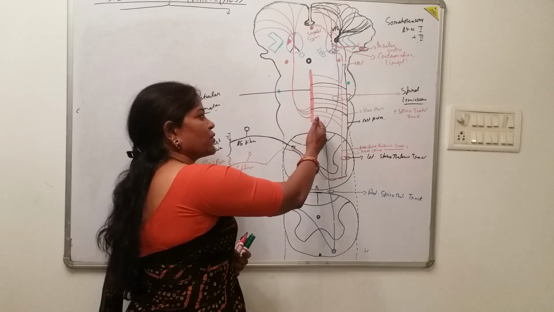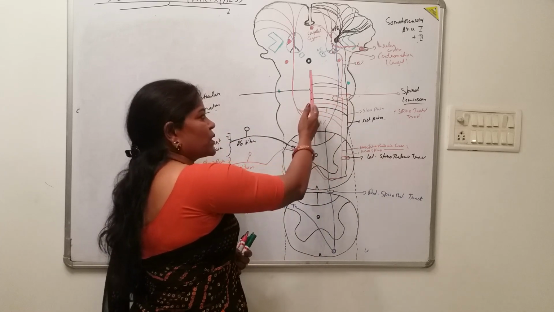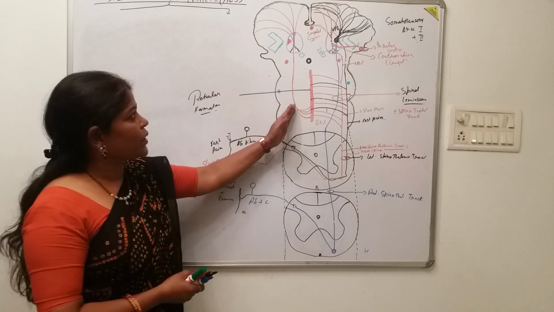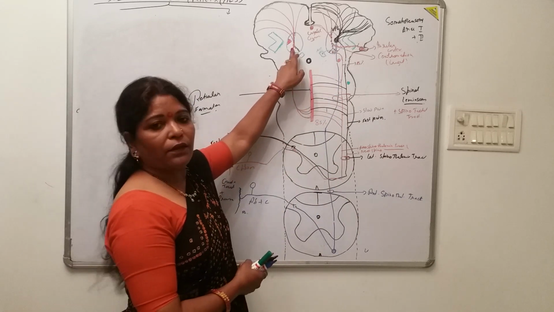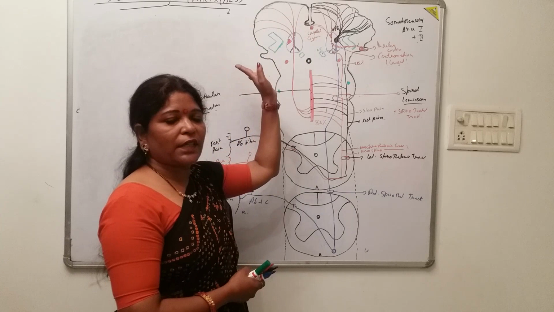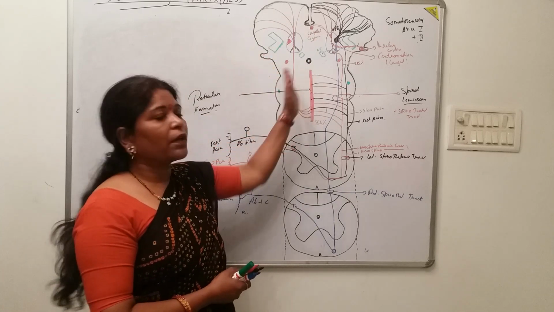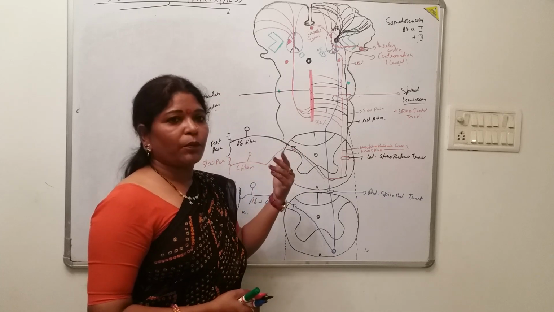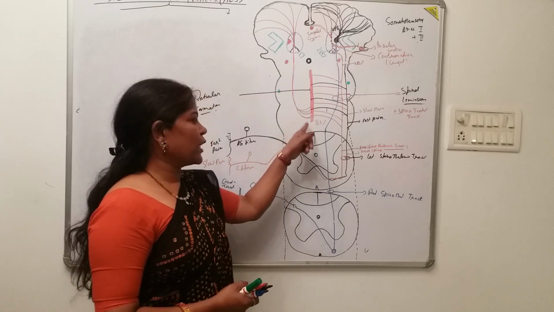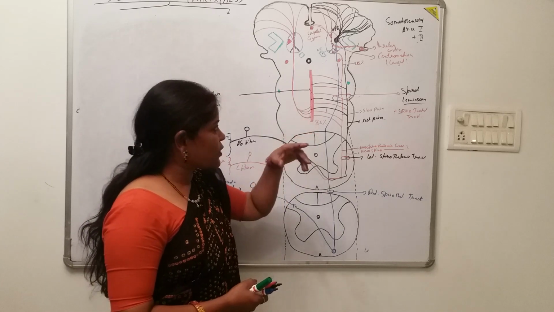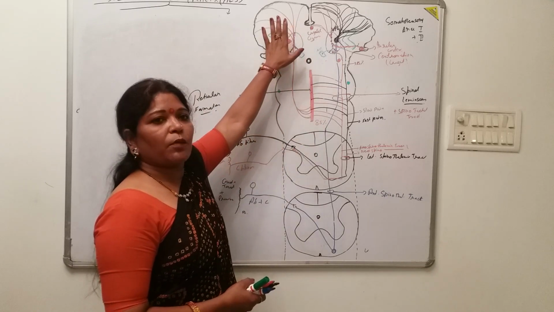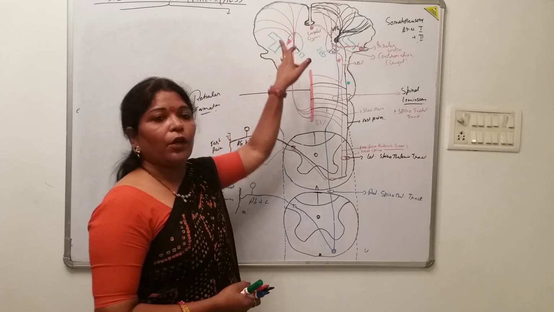Whenever the pain sensation comes here and the fibers terminate in the reticular formation, the reticular formation sends impulses via the intralaminar nuclei to the cerebral cortex and makes it alert that there is pain. That's why sometimes you are not able to sleep when you are in pain, because there is a constant bombardment via the reticular formation to the cerebral cortex via the intralaminar nuclei.